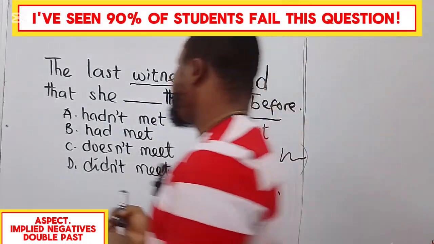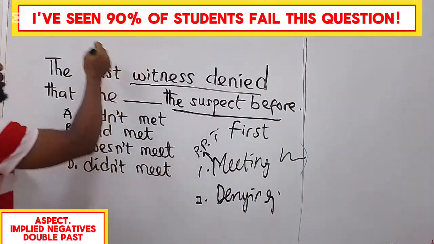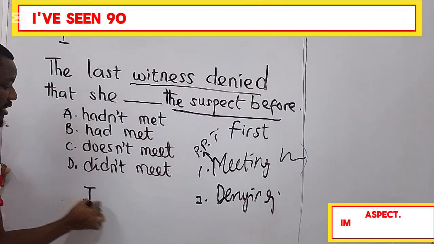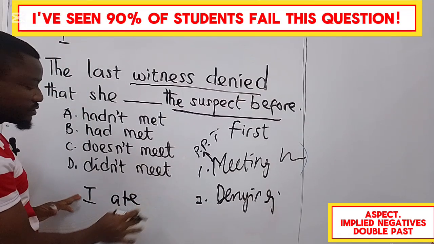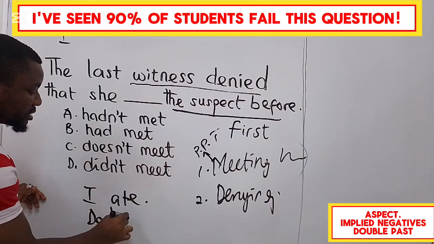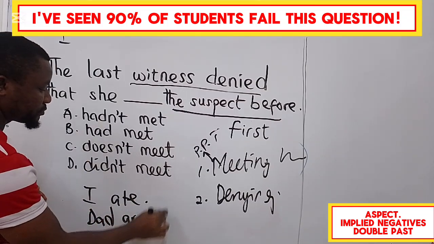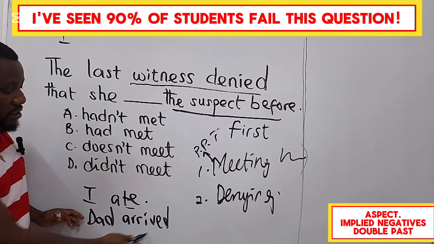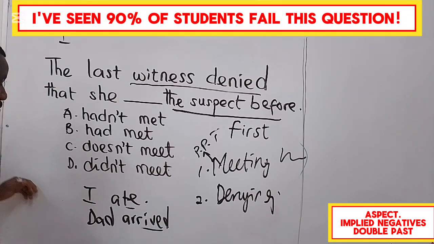An example of what I'm saying is this. Let's say, I ate. Dad arrived. Now, these two actions happened in the past: ate, arrived. Good.